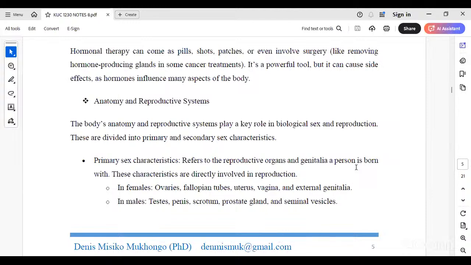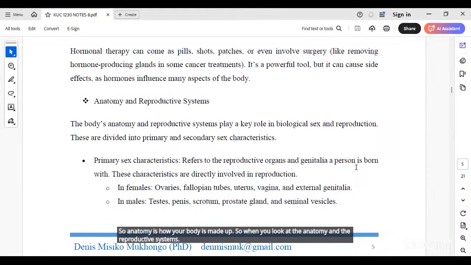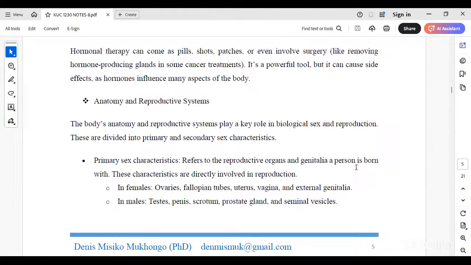So if we now go to the anatomy. Anatomy is how your body is made up. When you look at the anatomy and the reproductive systems, they play a key role in the allocation of biological sex and even in reproduction. The primary sex characteristics refer to the reproductive organs and genitalia that a person is born with.